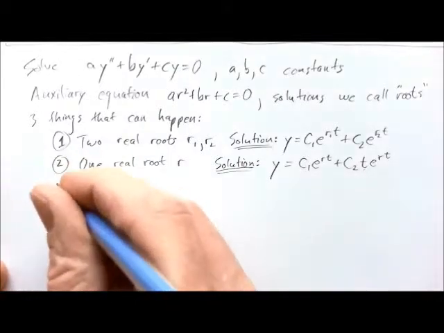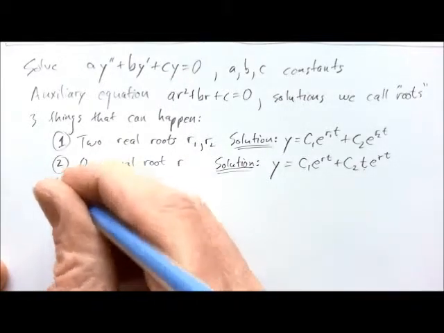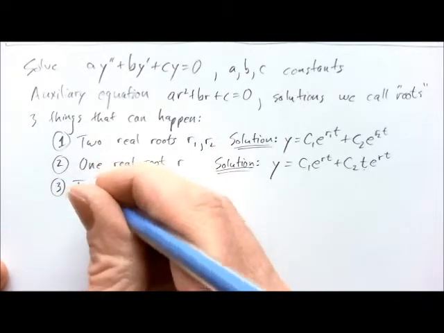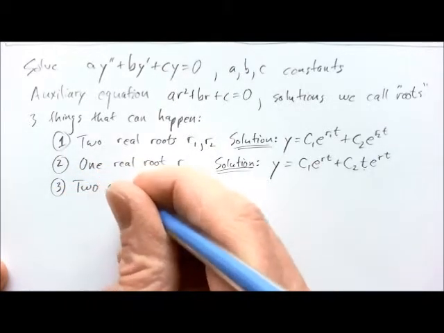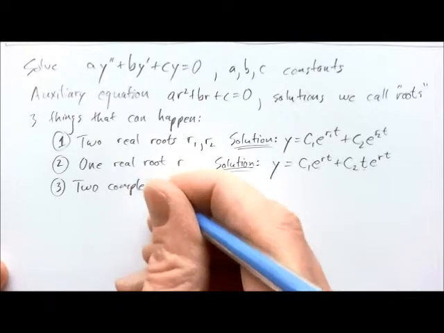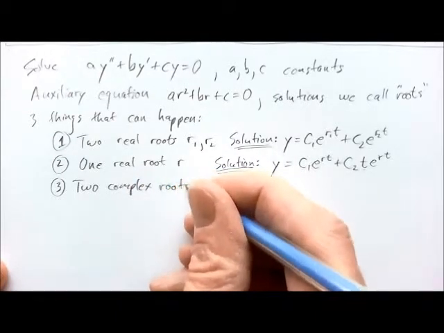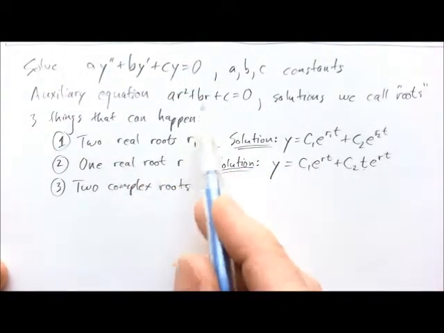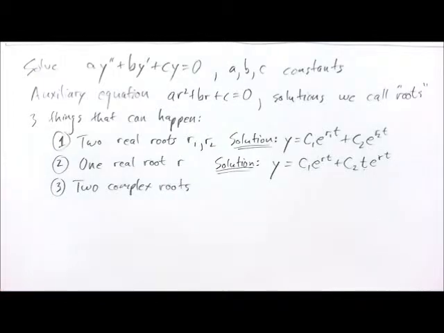And then the other thing that can happen is we can get two complex roots. Now how would we find such roots? Well, we'd find them by solving the characteristic equation using the quadratic formula, and when we did, we'd end up with square roots of negatives, which would give us i's.